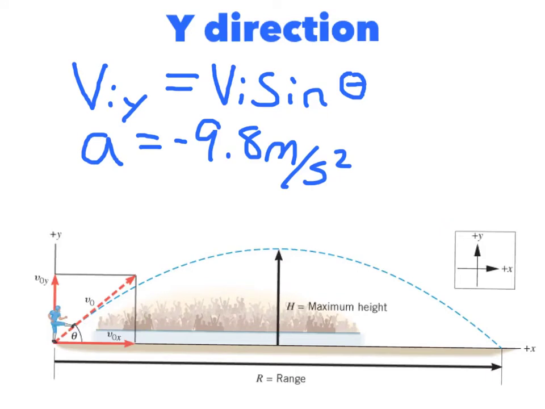So if we have the initial velocity, the acceleration, and delta y, which in this particular case just equals 0 because the football is coming back down to the ground, then we have all of our givens, and it's just a regular kinematics problem. Let's take a look at an example.